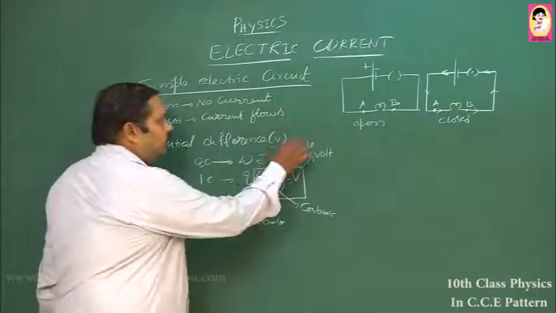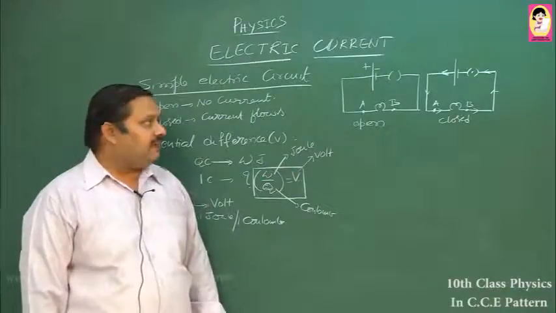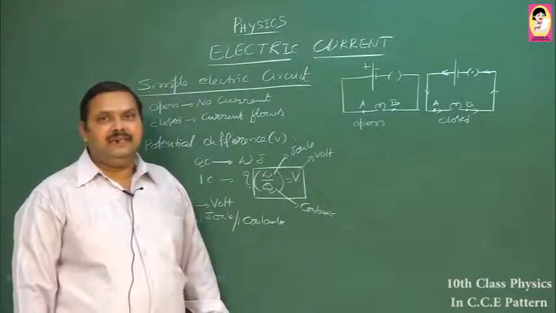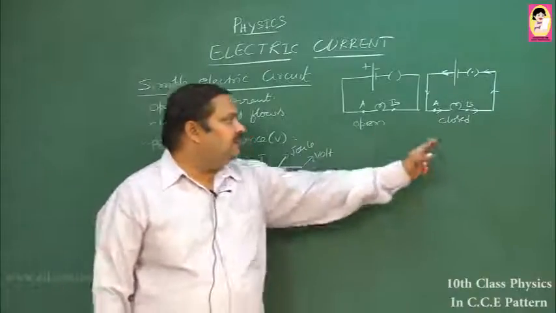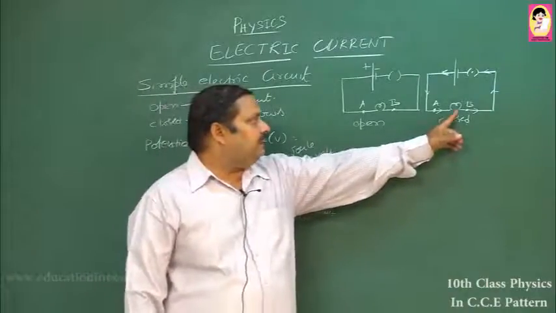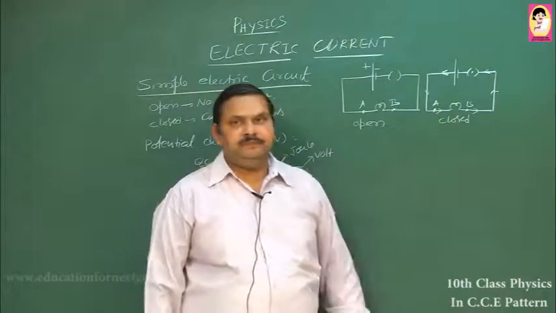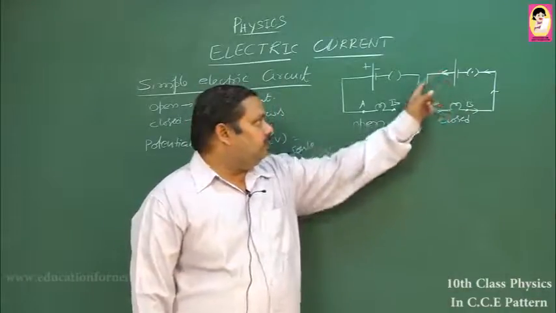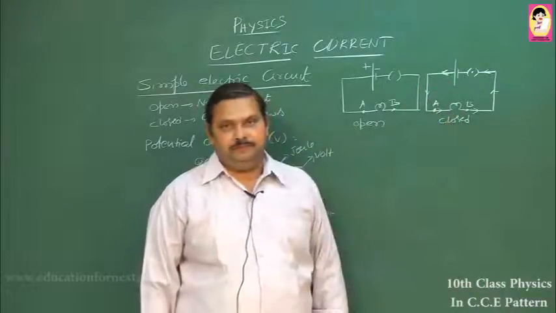Let us see what you mean by the term potential difference across 2 points in an electric circuit. For example, here you see the circuit once again. Here the bulb is connected between the two terminals A and B. Now the current is flowing from A to B through this bulb.